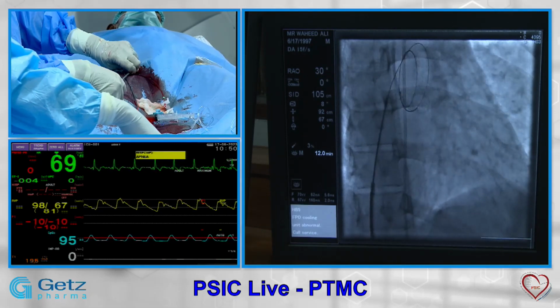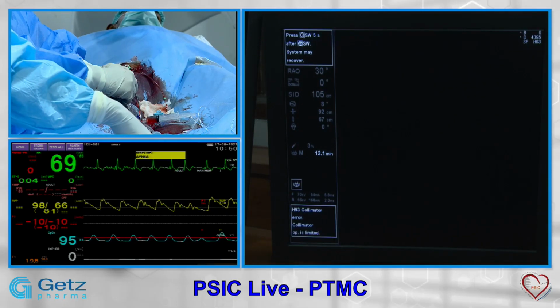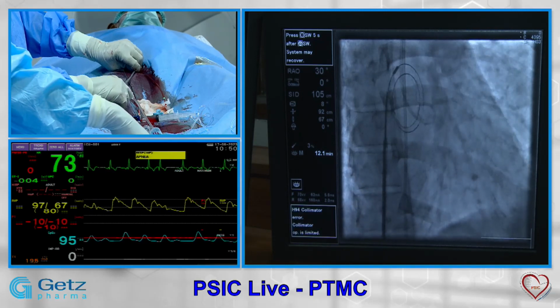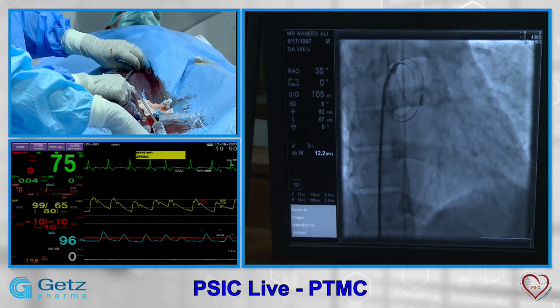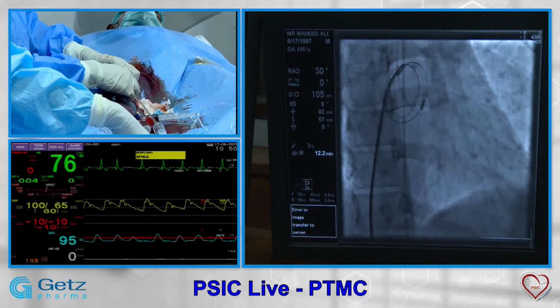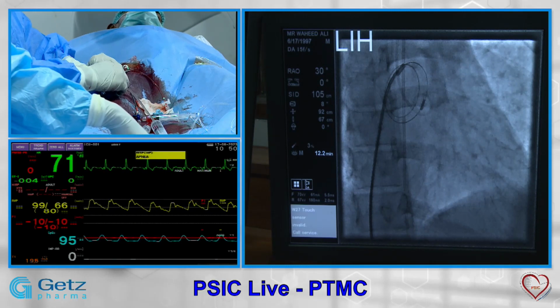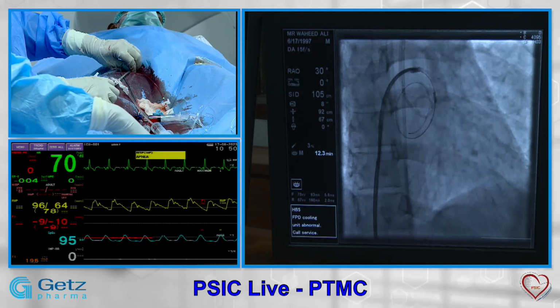Once you cross the septum, you take this straightener out because we don't need any support anymore, and we will roll the system on the balloon, on the wire, and then we take this stretching tube also out, and this is the working position of the balloon.